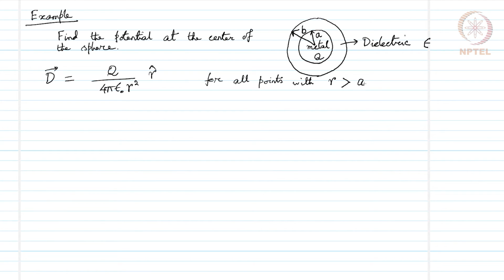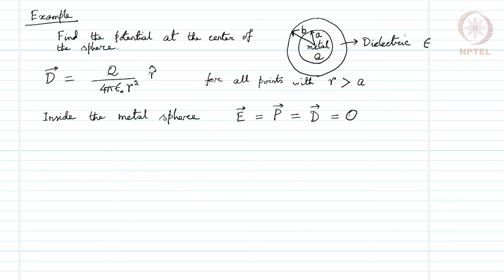And if we have this displacement vector, then we can write down that inside the metal sphere, we know that the electric field would be 0, there will be no polarization, and therefore the displacement vector will also go to 0 inside the metal sphere.